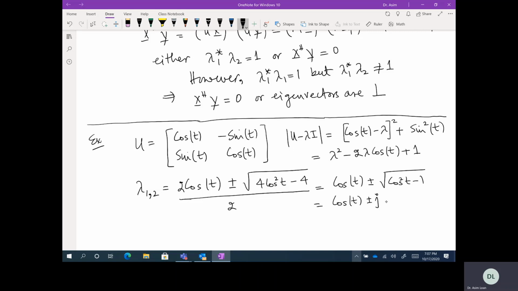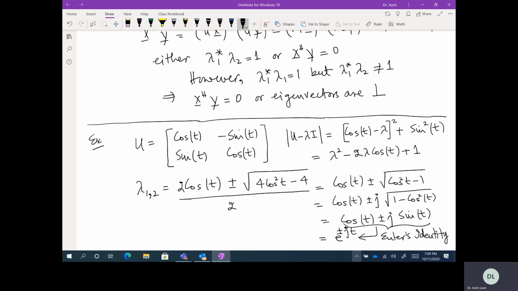If I take out minus 1 here, this is 1 minus cosine squared of t, which is sine squared t. So this is cosine of t plus or minus j sine of t, which is, by the way, e to the plus or minus j t, and this is equal to this because of Euler's identity.